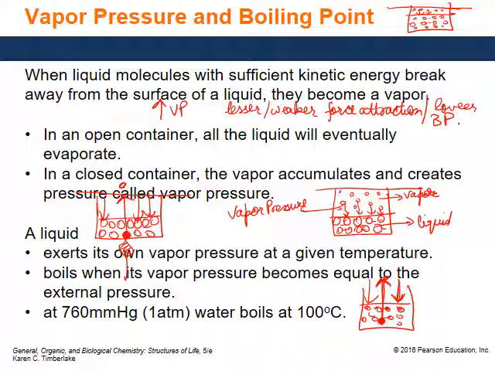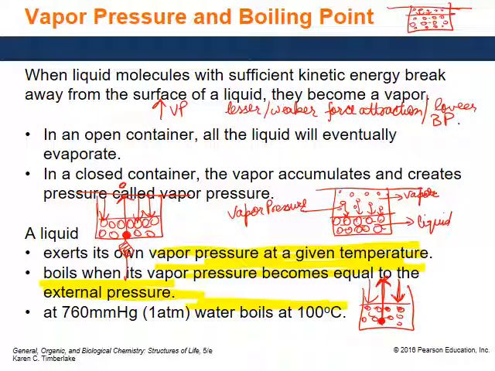So whenever the vapor pressure, at a given temperature, becomes equal to the external pressure, meaning 1 atmosphere if it is open to air, that's when things start to boil.